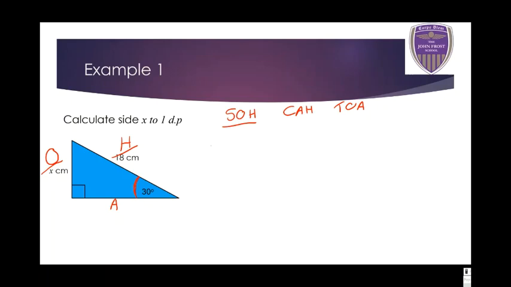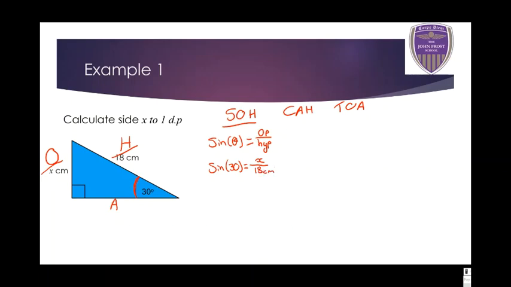So to kick us off, sine theta, where theta is any angle, equals opposite over hypotenuse, because SOH means sine equals opposite over hypotenuse. If we then substitute the numbers in, the angle is 30, the opposite is X. We don't know what the opposite length is, but we know the hypotenuse is 18 centimeters.